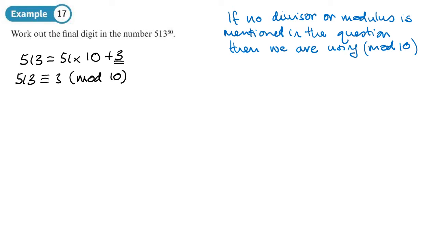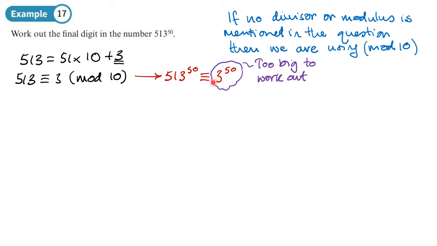Now, in the previous question, the power was small enough for us to work this out, or it was a number where the power was easy to work out. So if I've got 513 to the power 50, which is congruent to 3 to the power 50, 3 to the power 50 is still too big to work out.